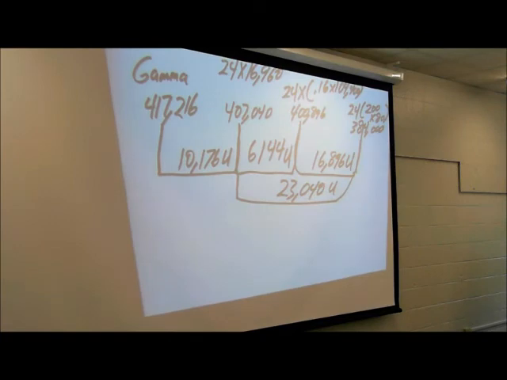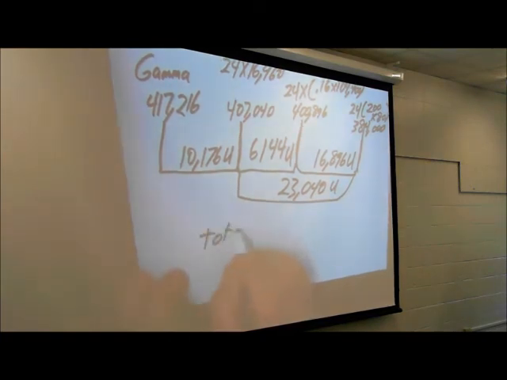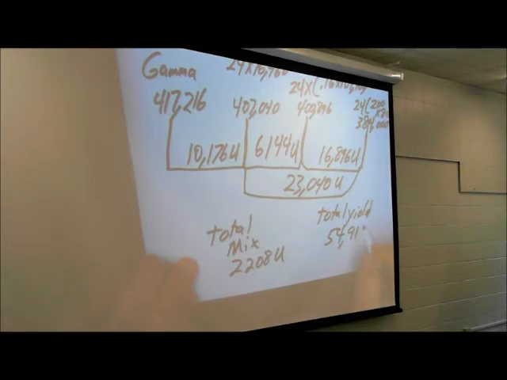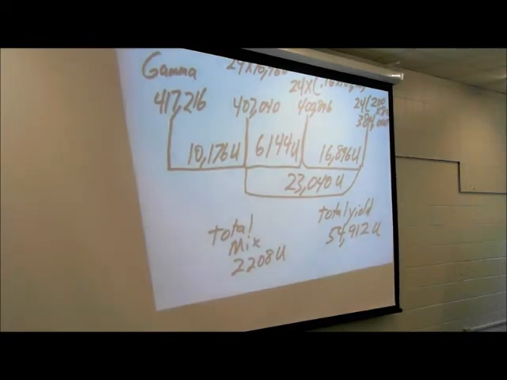If you add up total mix and total yield variance, you should come up with 2,208 unfavorable and 54,912 unfavorable. Again, add those together gives you that 57,120 unfavorable. Okay?